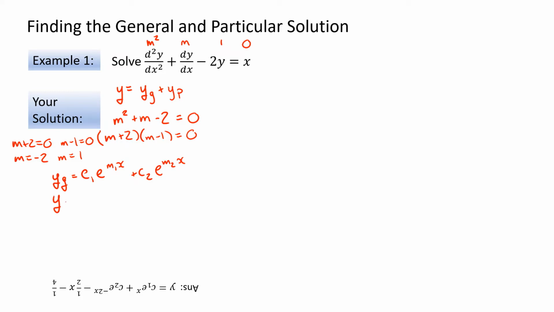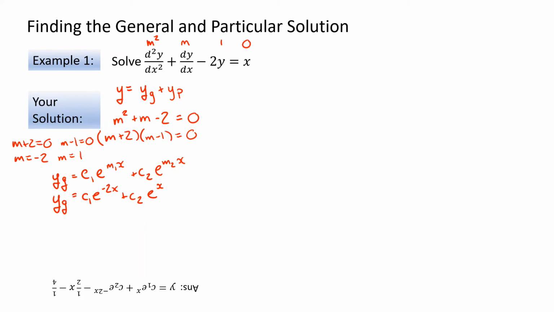Substituting those in, our general solution becomes c1 e to the negative 2x plus c2 e to the x, okay, because m is 1. So our general solution is found the exact same way.